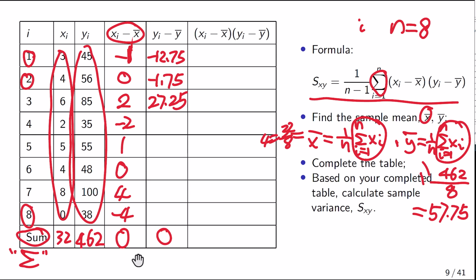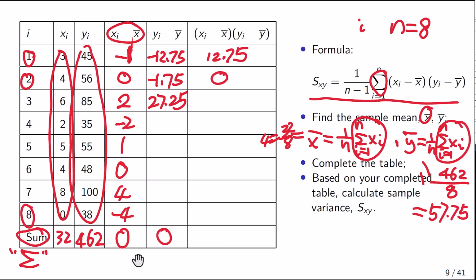After we get xi minus x bar and yi minus y bar, then we get this product term. Product term means we use this number, -1, times -12.75. What do we get? It is 12.75. And then we have 0 times -1.75. 0 times anything is always 0.